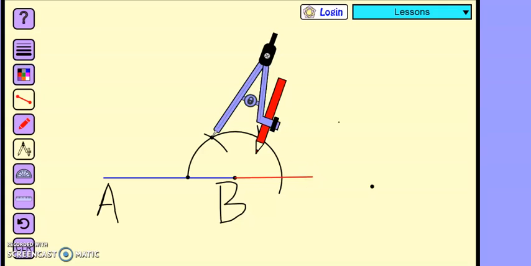Now, as I have marked two arcs on this semicircle, what are these arcs actually? The semicircle is of measure 180 degree.